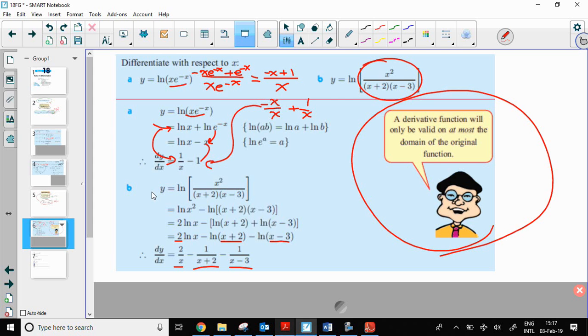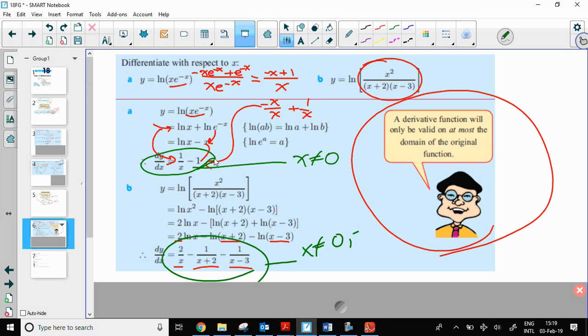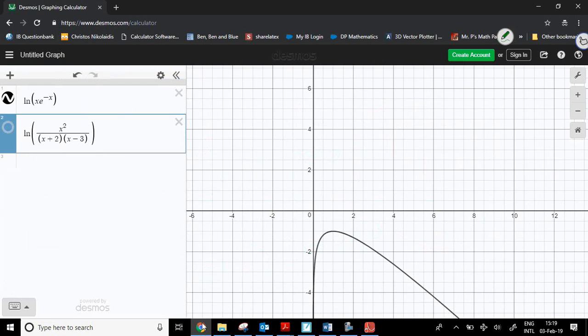And in this case, that function, if I just thought about its domain, it would be just x not equal to 0. And if I thought about just the domain of this one, it's going to be x not equal to 0 or -2 or 3. But if we actually look at those two functions, we'll see that the domain of these derivatives would be quite a bit more restricted.